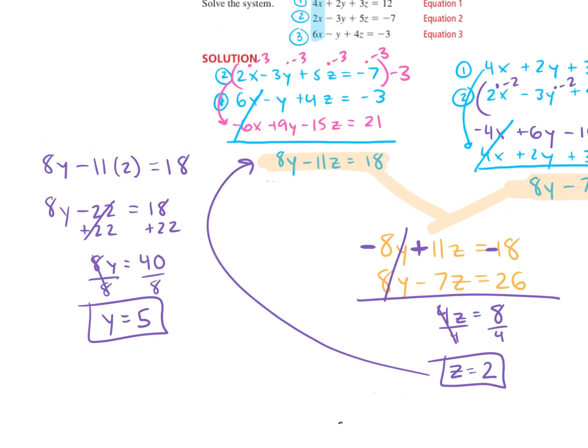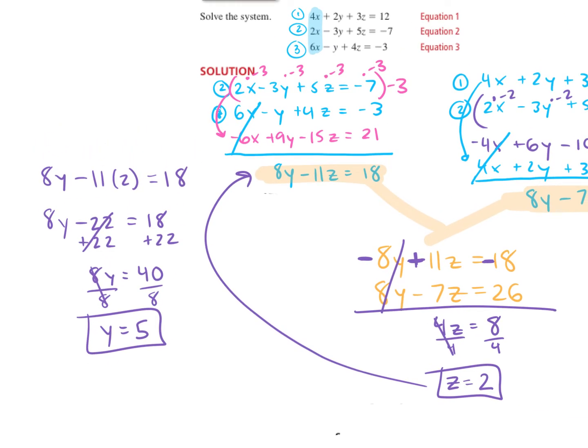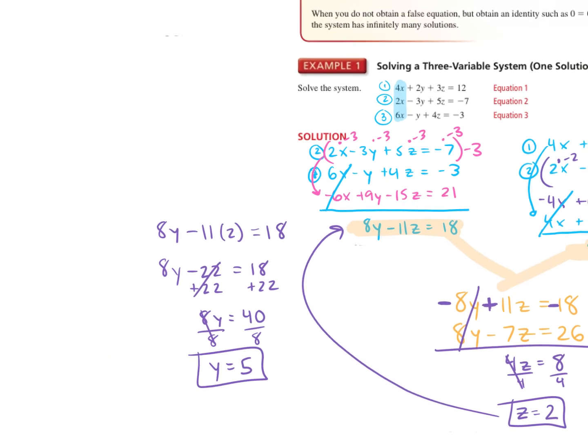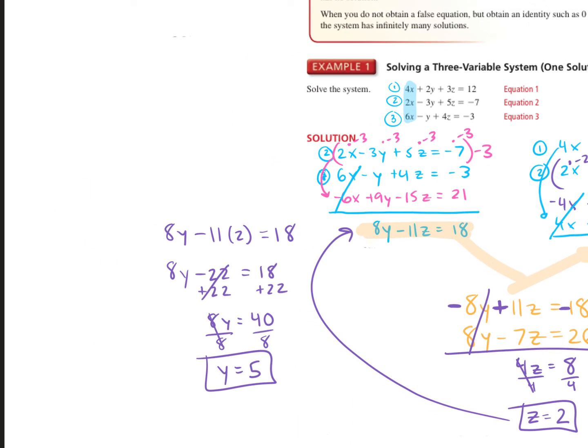Now that I have y and z, how can I find x? Now I can plug it into one of the original equations. It doesn't matter. I could plug it into 1, 2, or 3. Just like we did before, I would always say look at the numbers and pick one that looks the easiest. I'm going to plug it into 2.